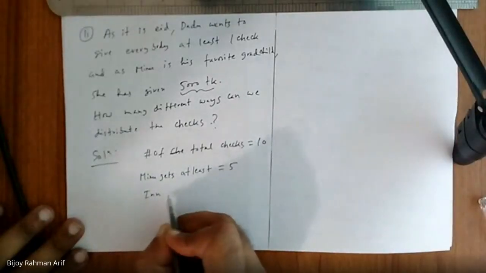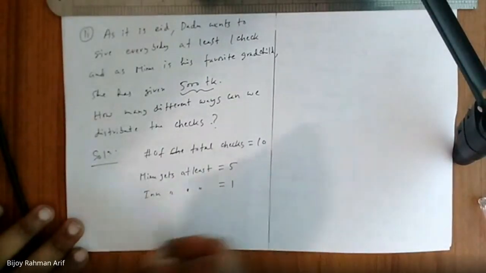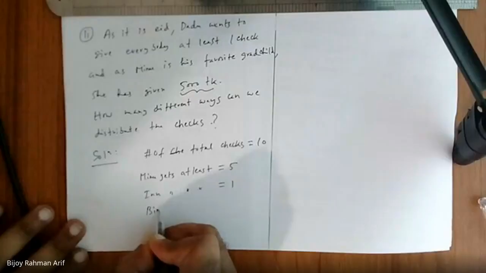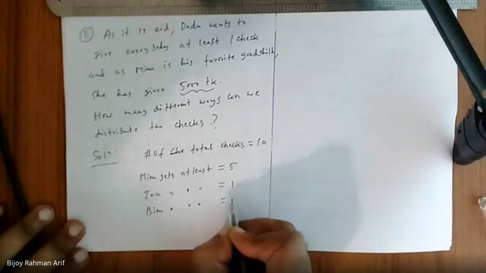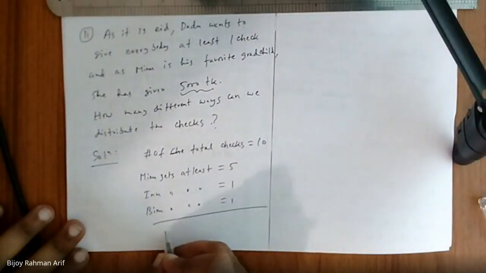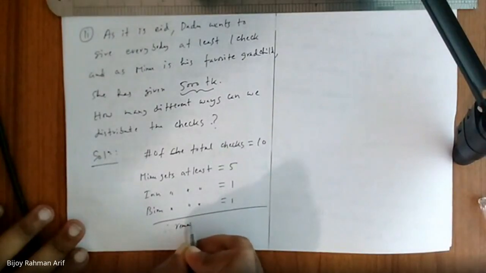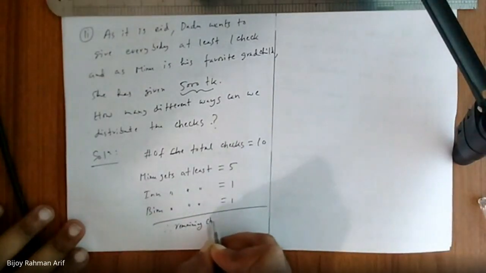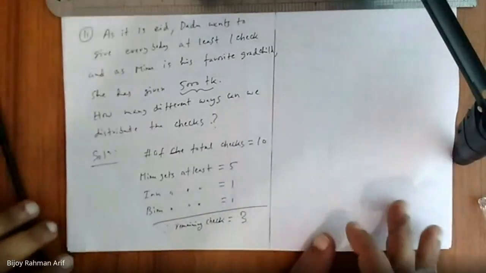At least 1, আর বিনু? Gets at least 1, because we ensured everybody gets at least one check. So remaining check is what? 3. Good.